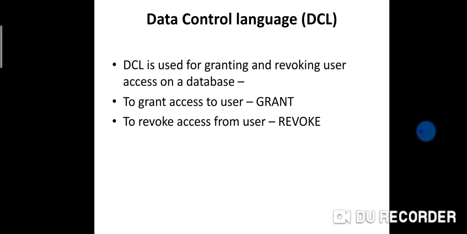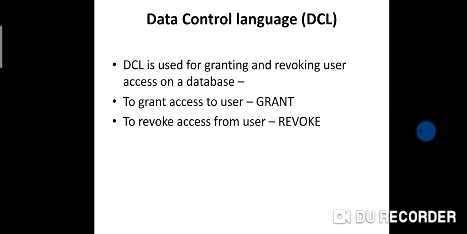Then we go for DCL, that is data control language. Data control language includes commands such as grant and revoke, which mainly deal with the rights, permissions and other controls of the database system. DCL is used to control privileges in the databases. To perform any operations in the databases, such as creating tables, sequences or views, a user needs privileges.